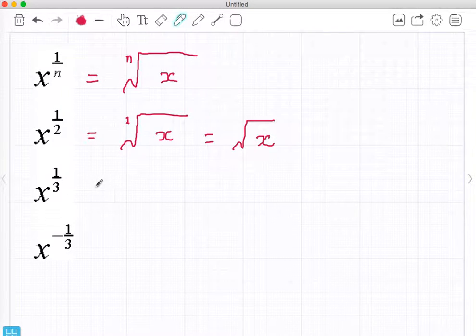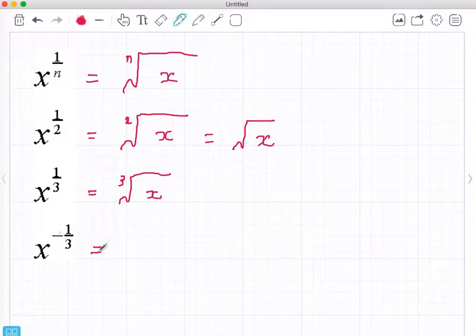But when we come to x to the power of a third, if we leave it like that, it looks like it's the square root, like this one up here. So we're going to put a little 3 outside to say this is the cube root of x. And here we're combining the negative and the fraction.